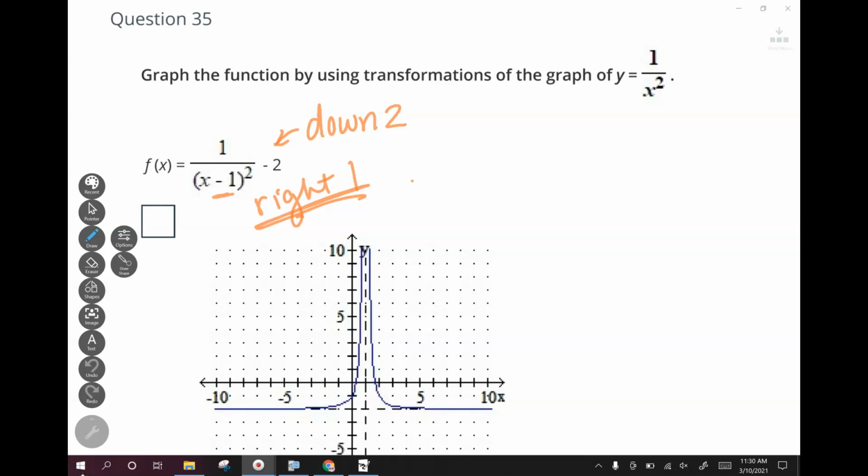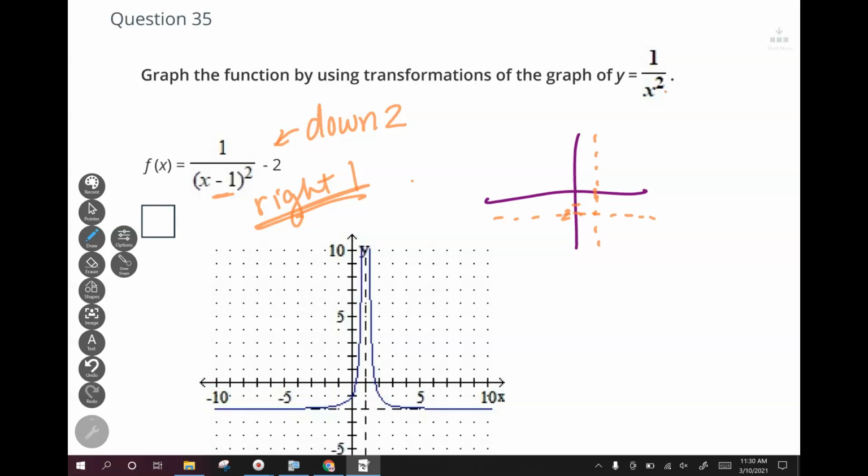If I shift it to the right 1, that means my vertical asymptote should have moved to positive 1. If I shifted down 2, that means my horizontal asymptote should have moved down 2 to negative 2. Okay, so I should have that.